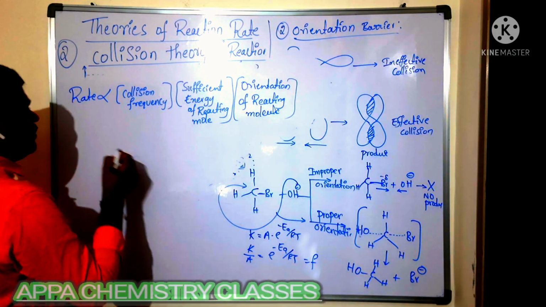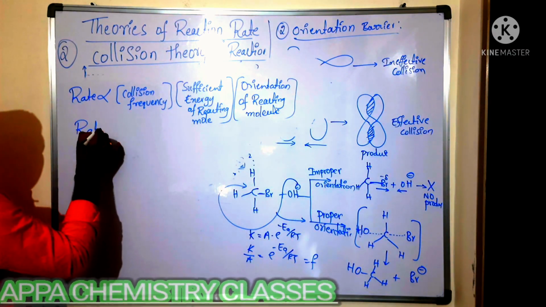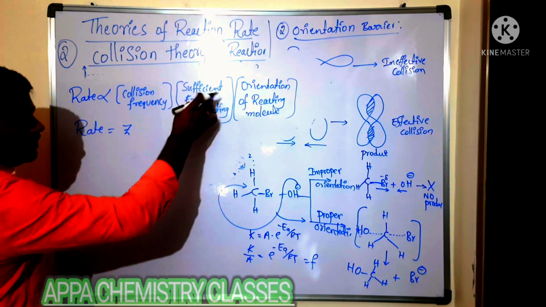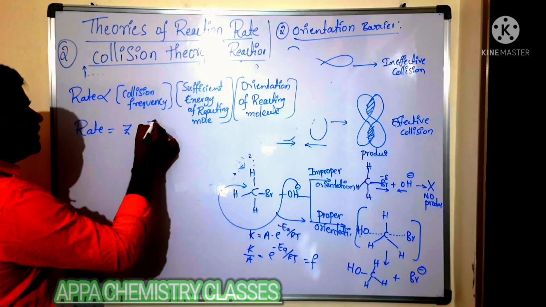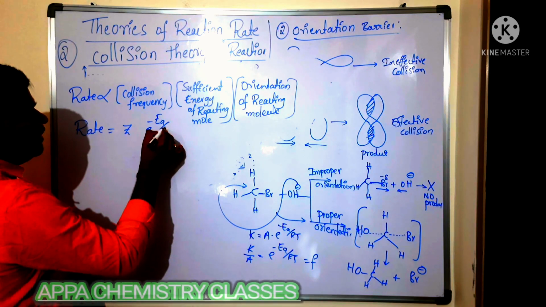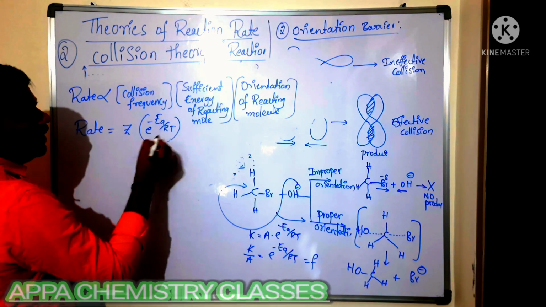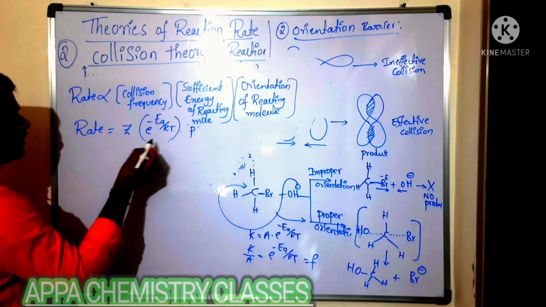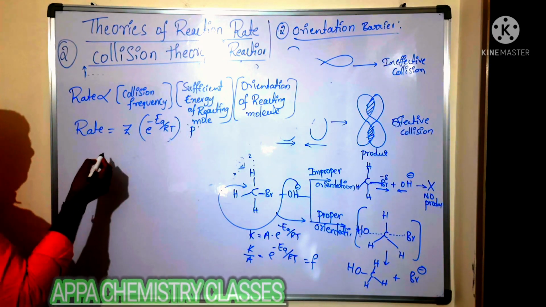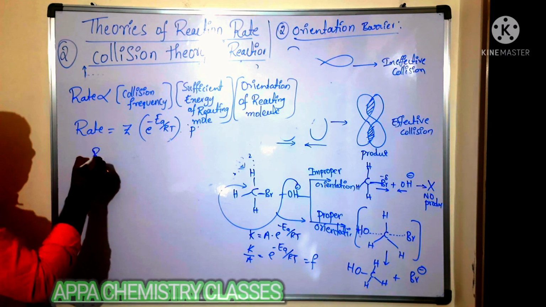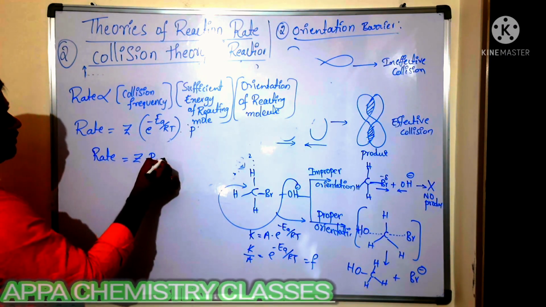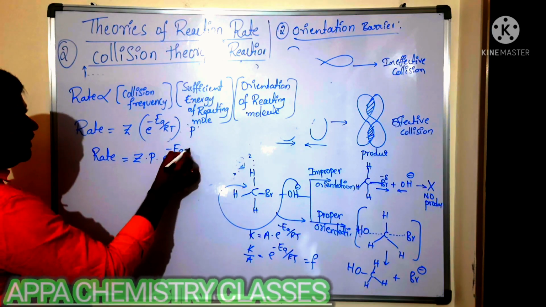Okay? So now rate is equal to the collision frequency, represented as Z, times e power minus Ea by RT. The orientation factor or probability factor is written as P. So rate is equal to Z into P into e power minus Ea by RT.